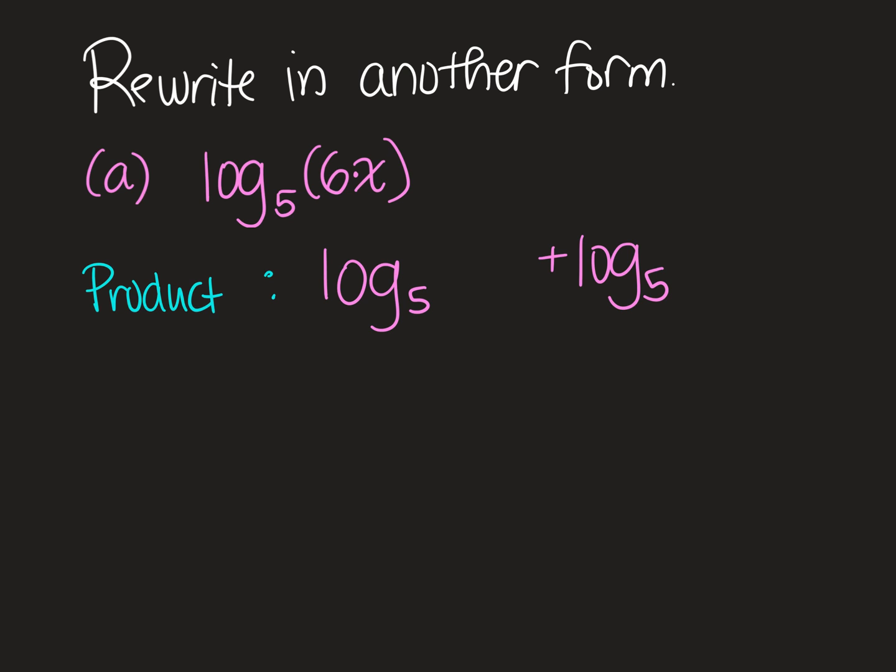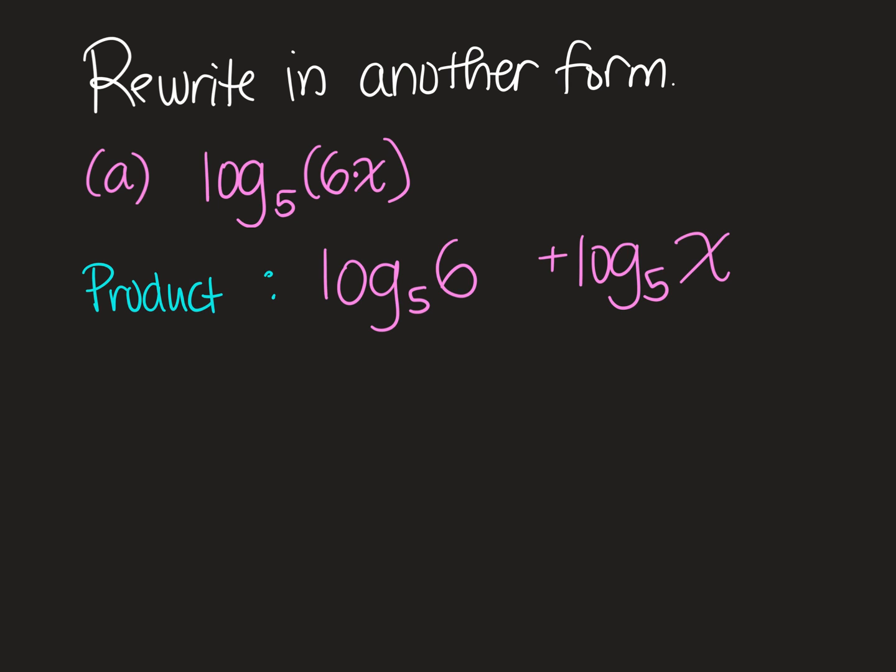And then I just fill each logarithm in with one part of the original product. So I take the 6, and that goes in the first logarithm, and I take the x, and that goes in the second logarithm. So we're splitting that product up into two different logarithms. This log base 5 of 6x has the same meaning and value as the two logarithms added together. Okay, so not too bad.